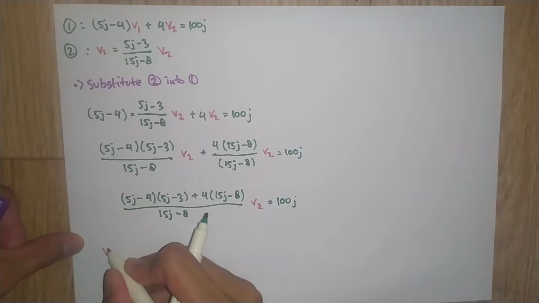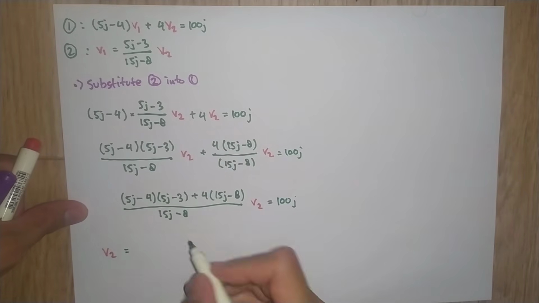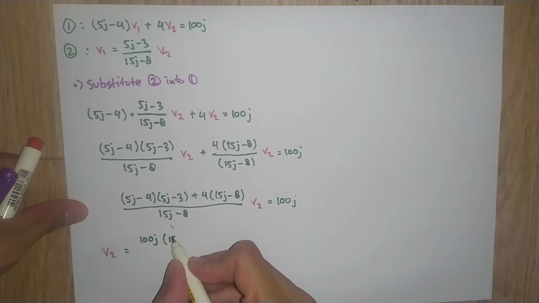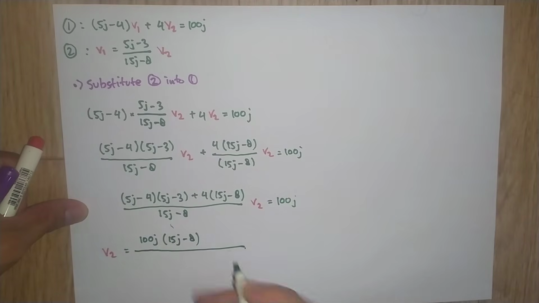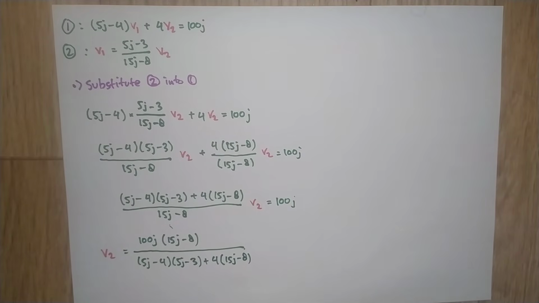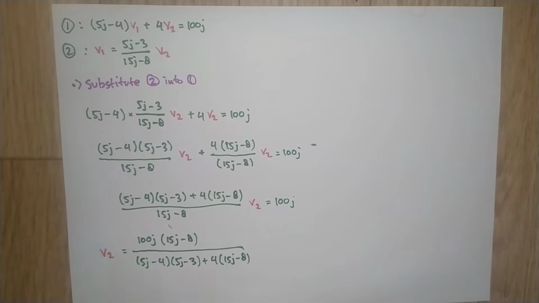So I'll have V2 is equal to 100j multiplied by 15j minus 8 divided by all the numerator value here, 5j minus 4, 5j minus 3 plus 4 times 15j minus 8. Okay, now time to grab our mighty calculator here and calculate this into simple form.